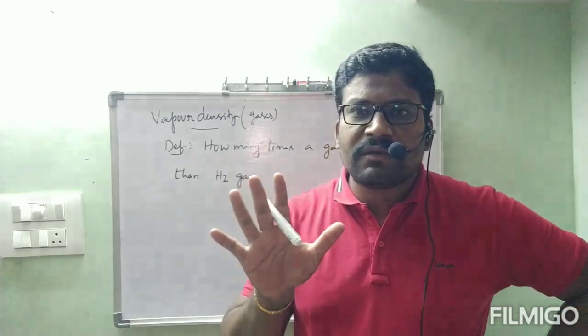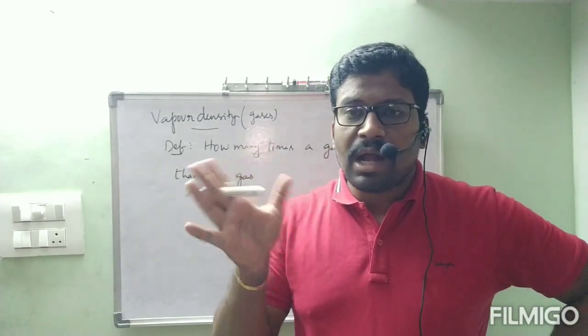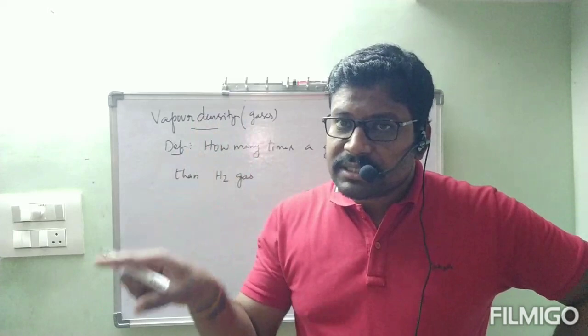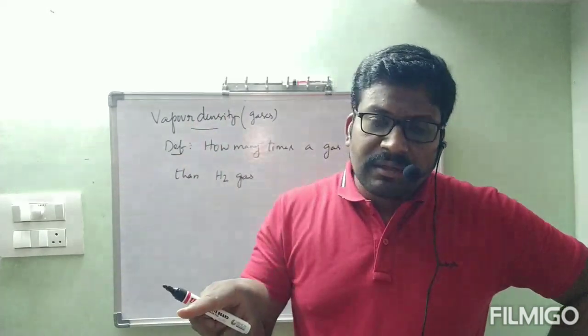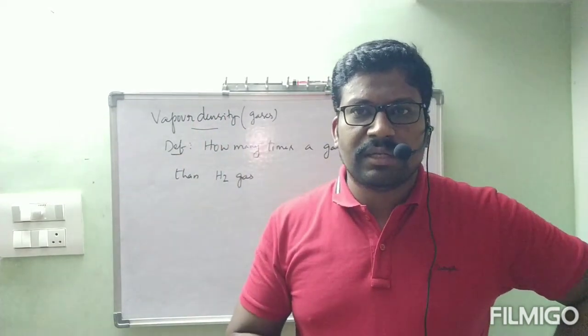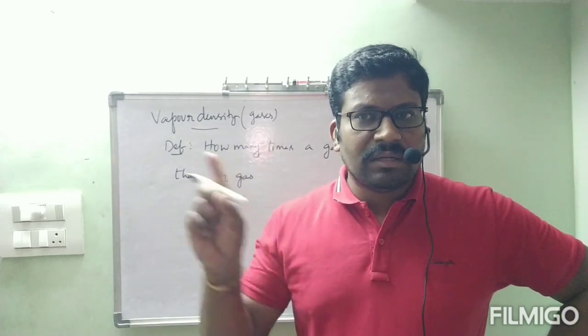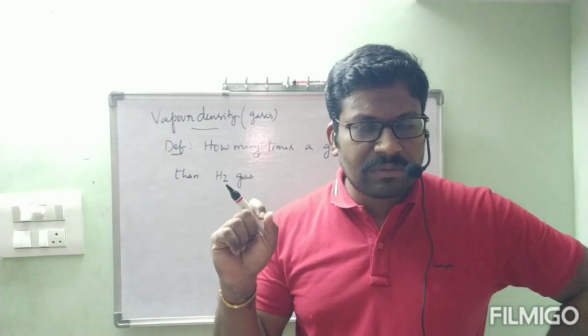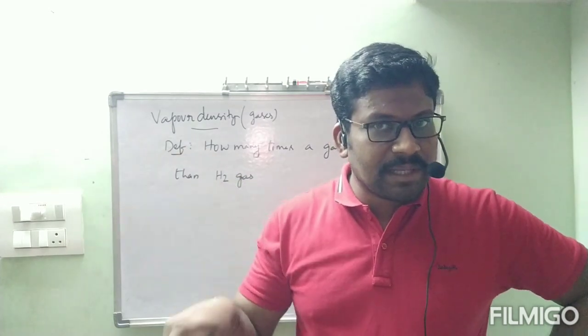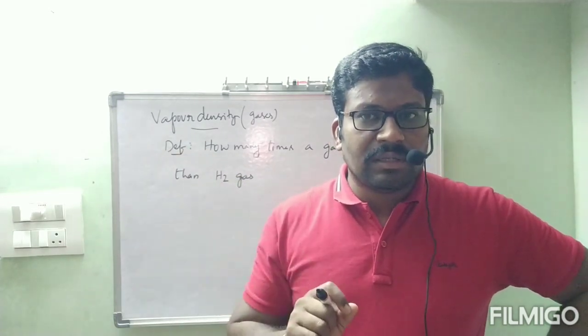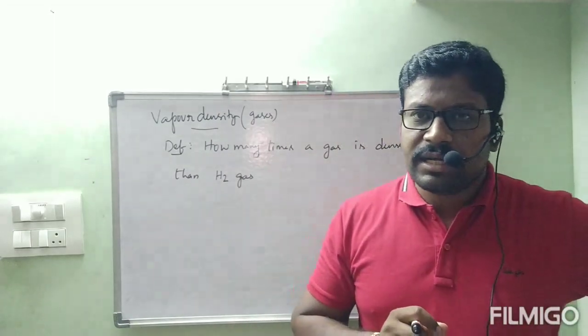Then what is the relative density of that substance? 5. How many times that substance is denser than the density of water, that is relative density. There we get the formula: relative density of that substance is equal to density of that substance divided by density of water.